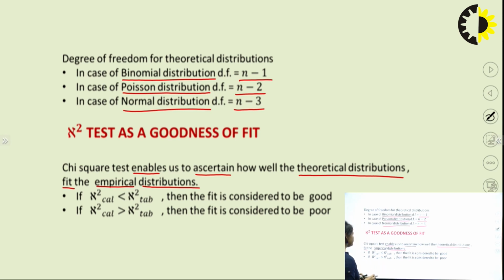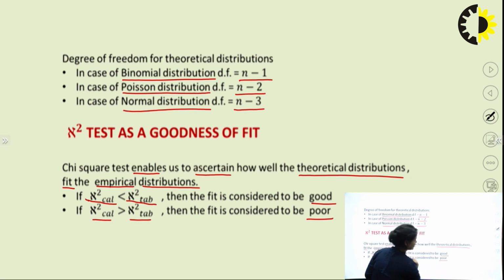Now how to check that? We will check whether chi-square calculated is less than chi-square given by the table. If chi-square calculated is less than the tabulated value, then the fit is considered to be good. And if chi-square calculated is greater than chi-square tabulated, then the fit is considered to be poor, so we will reject that fit.